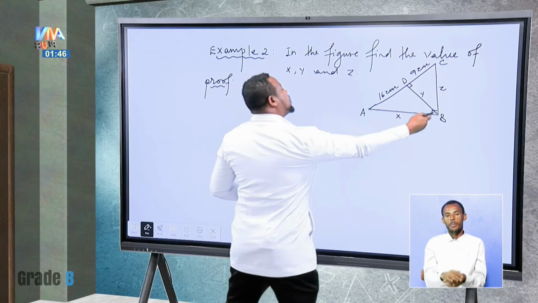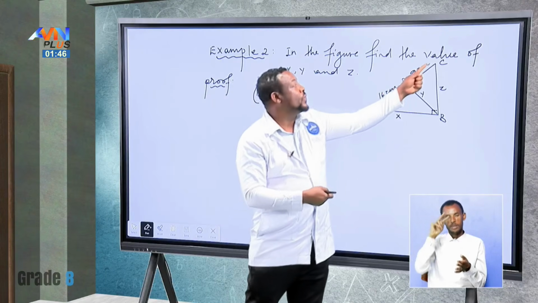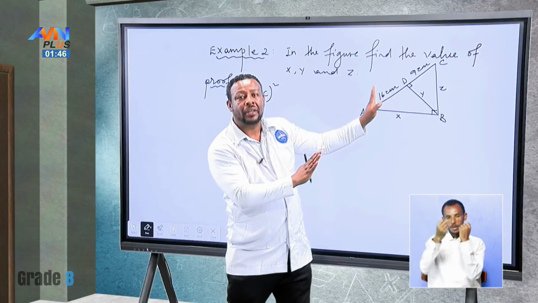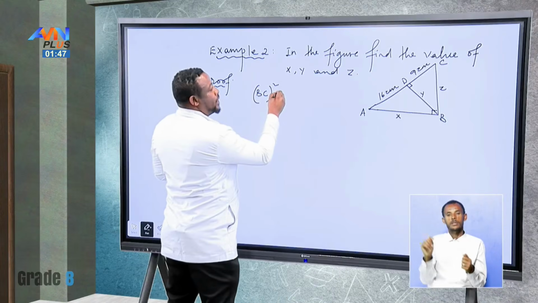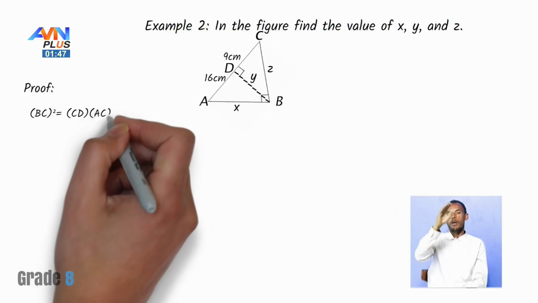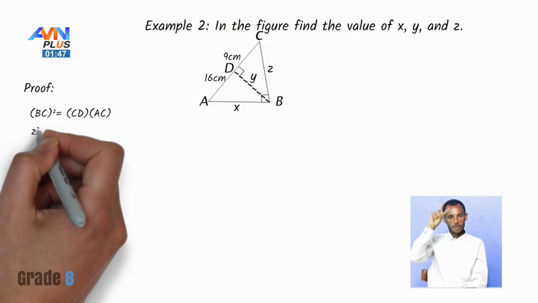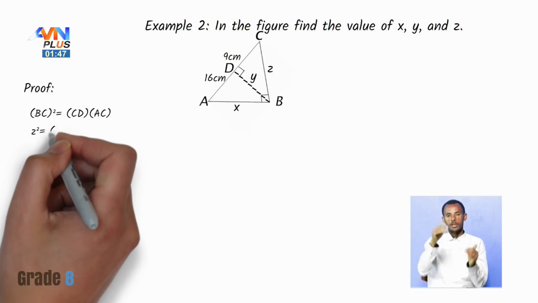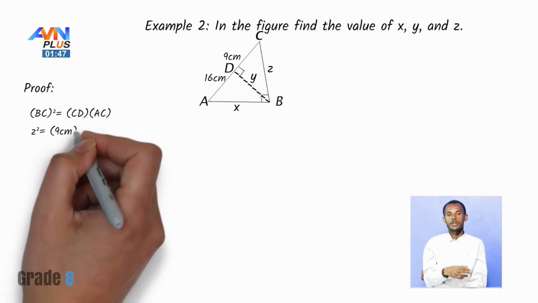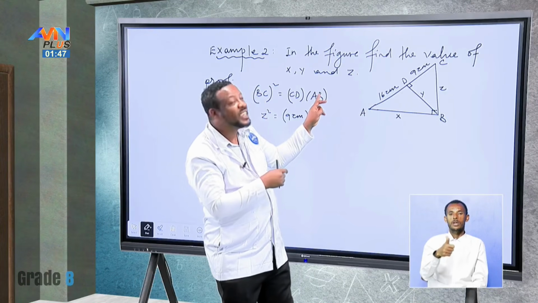So this square, or Z square, is the product of CD times AC, right? So BC square is equal to CD times AC. Okay, so this means Z square is equal to 9 centimeter times AB is the whole, it's not AB here, make it AC, okay?